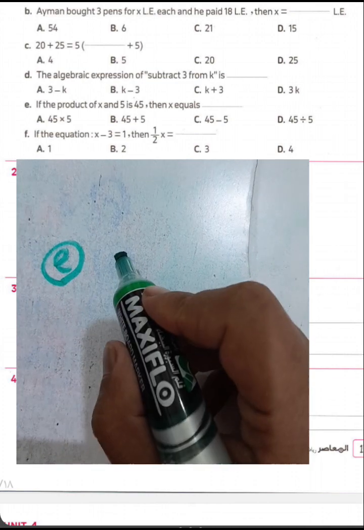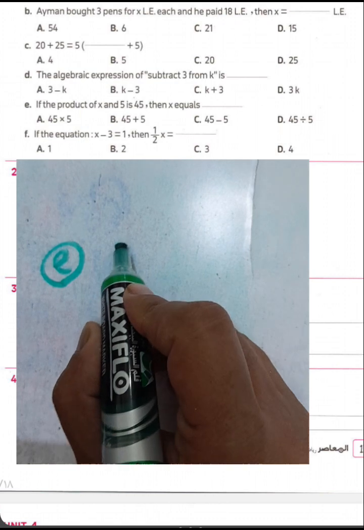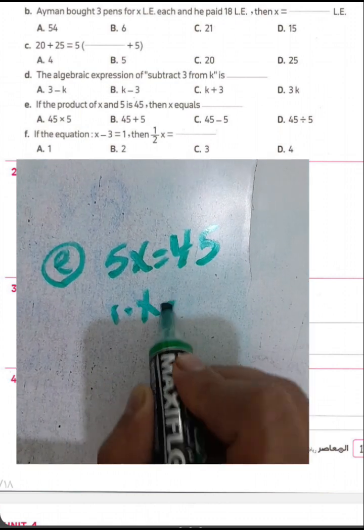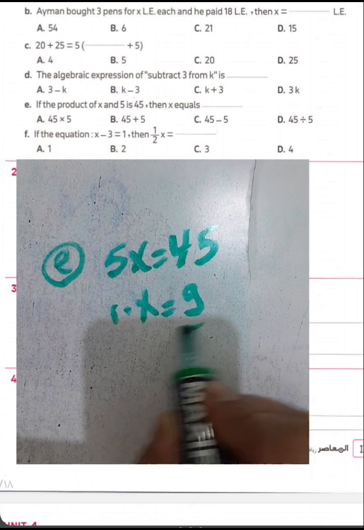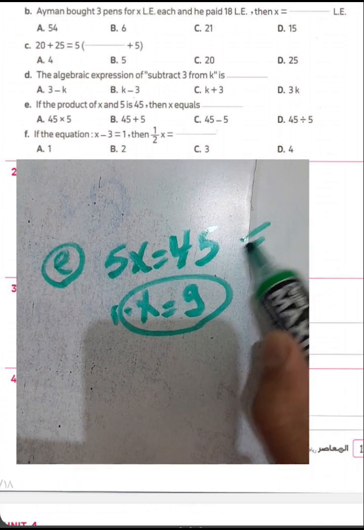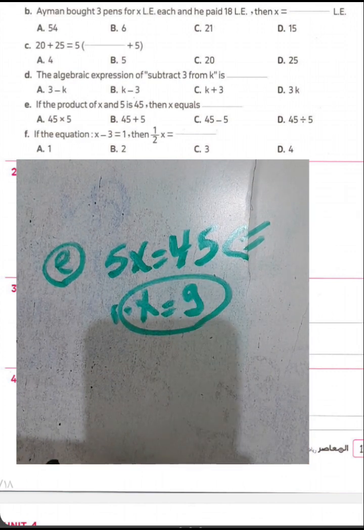If the product of x and 5 is 45, then x equals what? We can find the equation: 5x equals 45, then x equals 45 divided by 5 equals 9. He asked about the equation. The equation will be 5x equals 45. The product of x and 5 is 45.